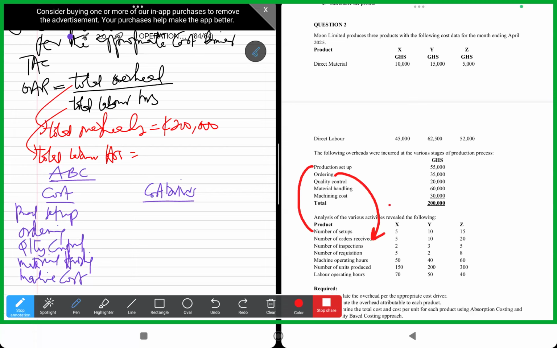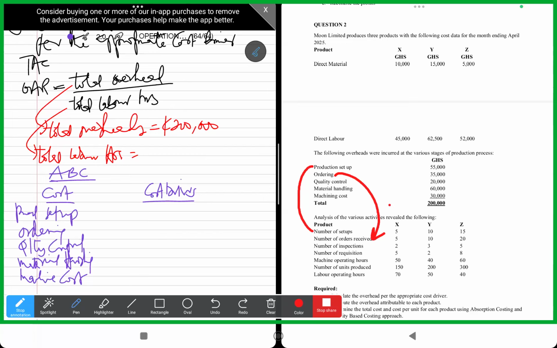Like fuel. What is the cost driver for fuel? It's liters. The amount of money you pay for the fuel determines the liters you'll be served. So if you give 100 cedis, the 100 cedis is the fuel cost, and that will determine the liters of fuel. Are you good? Yeah.